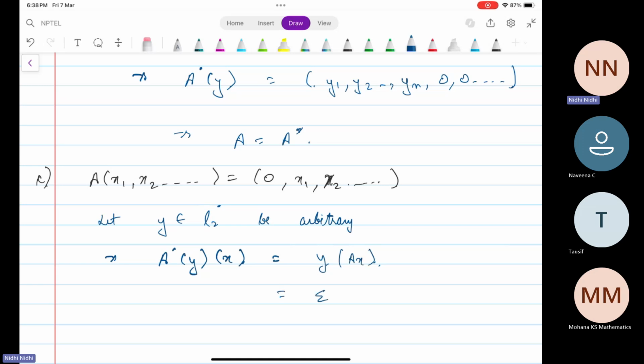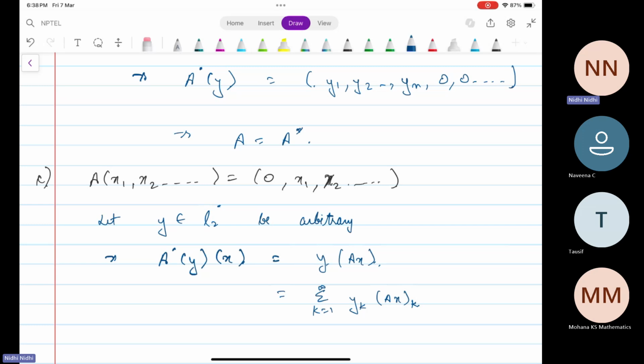So this is summation k from 1 to infinity yk times kth term of Ax. And we know that kth term of Ax is actually k minus 1th term of x, except for the first term.